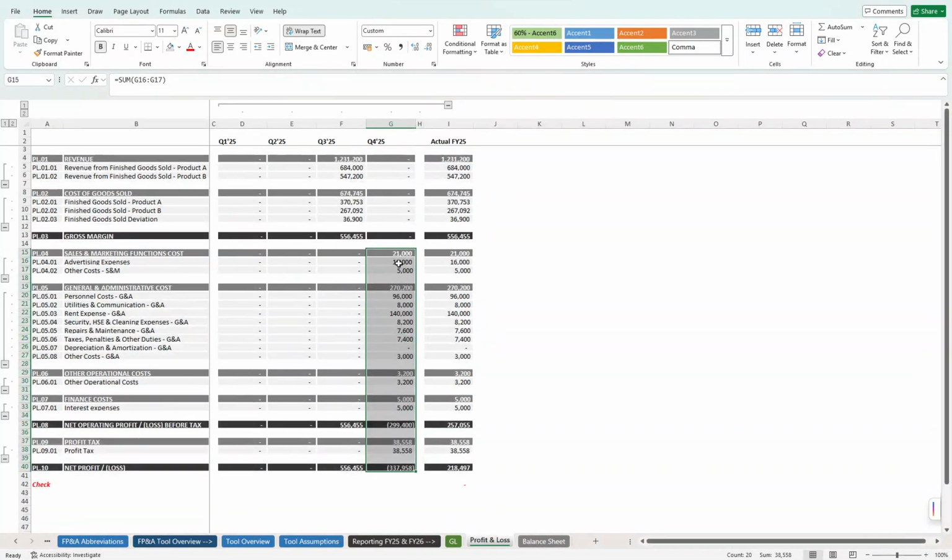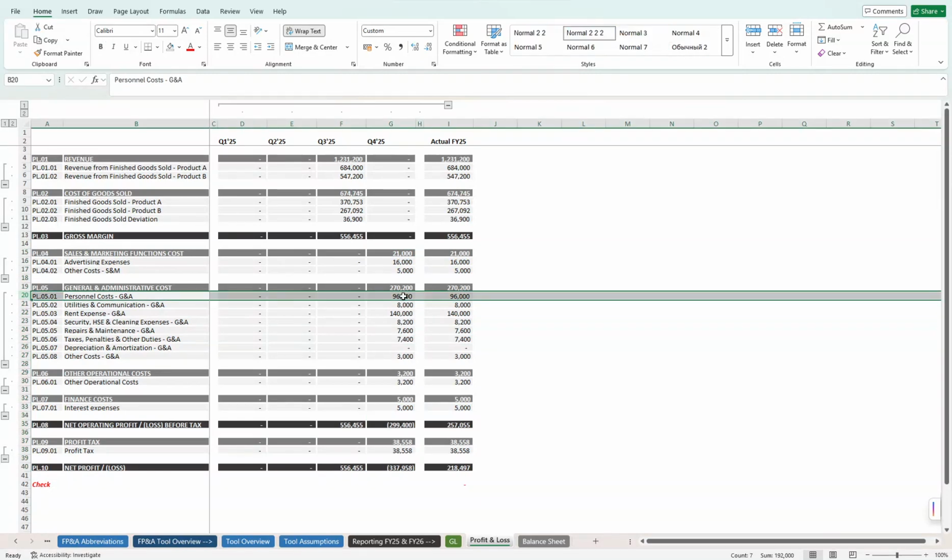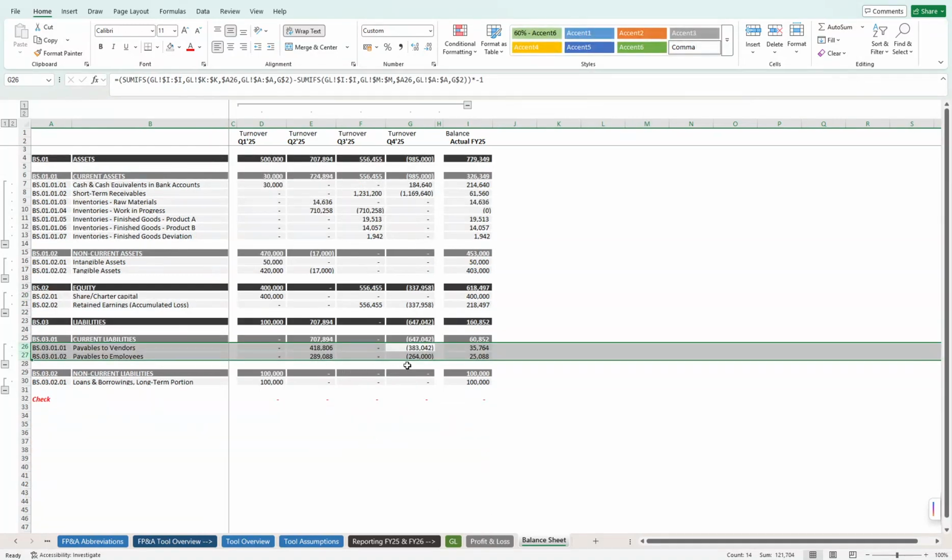Because these expenses under quarter 4 in P&L are the service either received from the vendors or from the employees, right? For example, personnel cost is the service received from the employees, while others are service received from third parties. So, depending on the nature of the expense, it impacts either payable to vendors or payable to employees.